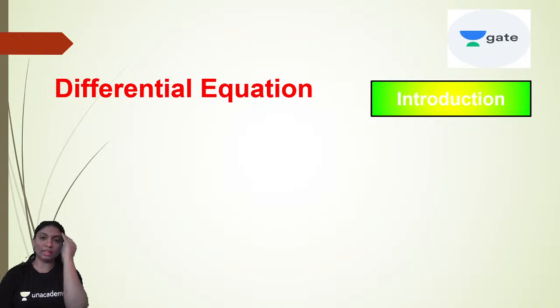In that we have seen the three methods. Method 1 is our general method. Method 2 is the shortcut method, in which we have already covered 6 rules for finding the solution of the differential equation. The third one is the method of variation of parameters.